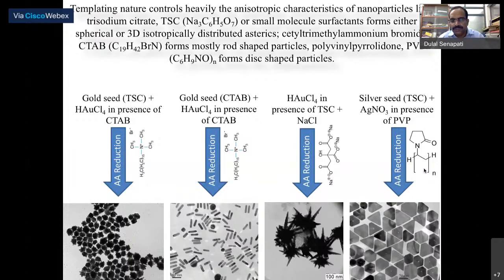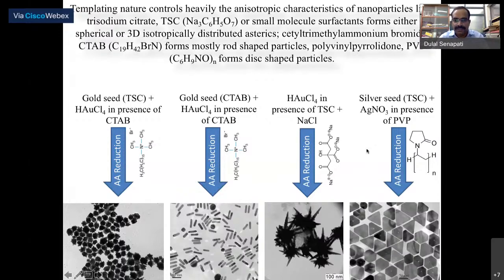Out of these four, when we use CTAB, sometimes it gives a popcorn shape, sometimes a rod shape. But when you use trisodium citrate, it gives sharp-tipped nanoparticles, not symmetric like spheres. On the other hand, when we use PVP, polyvinyl pyrrolidone, instead of sharp tips it gives a plate structure. So it heavily depends on the shape-directing ligand.